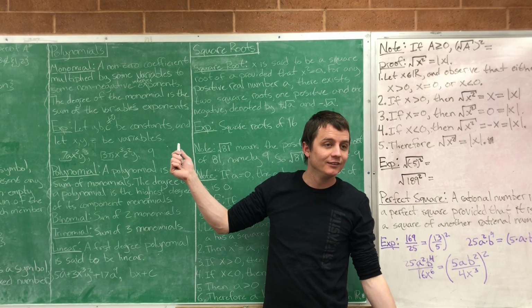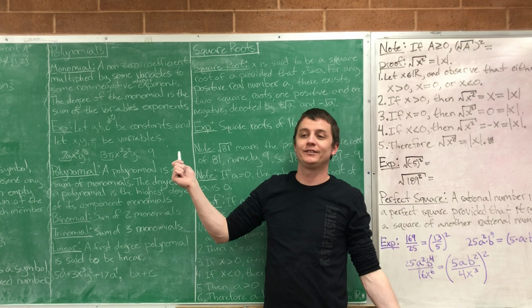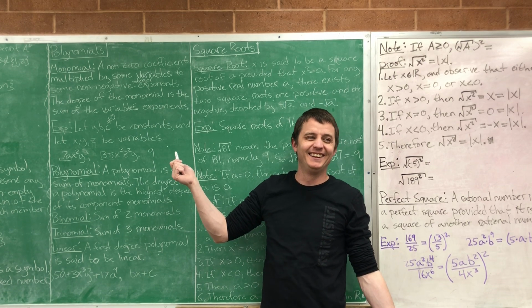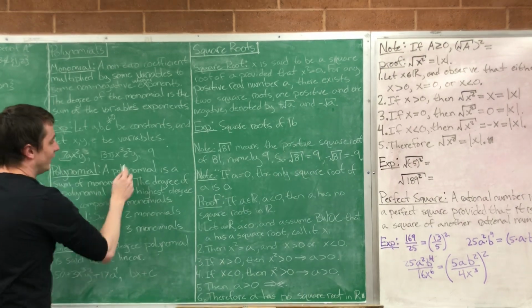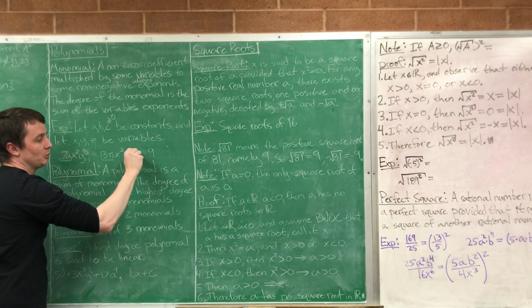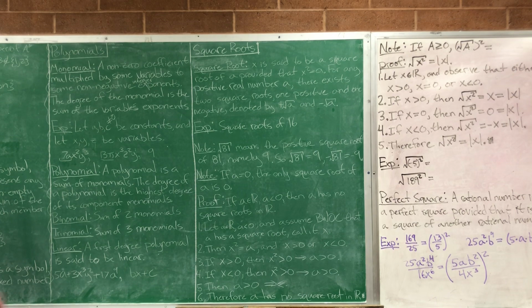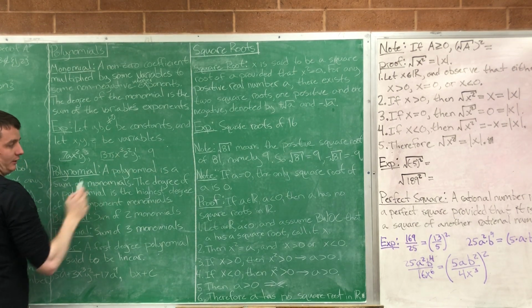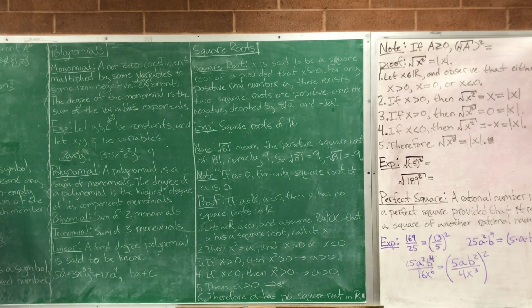No. Who thinks 6? Because y without an exponent is the same thing as y to the 1, which is just y. So when you have it by itself, it's implied that there's just a 1 there. And now 3 plus 2 plus 1 is 6. So yes, it's a 6th degree term.